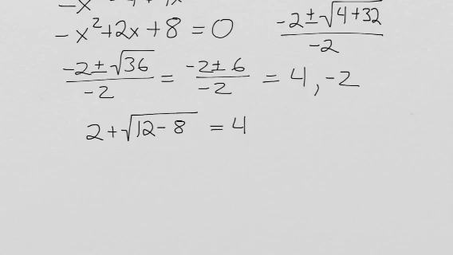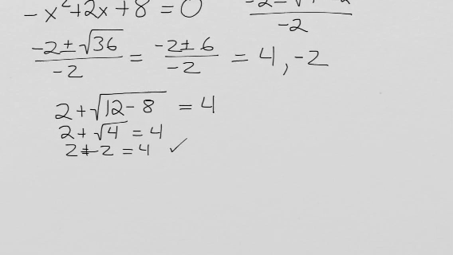So we have 2 plus the square root of 4 is equal to 4, and the square root of 4 is equal to 2, plus 2 is equal to 4, so we end up with 4 is equal to 4. So that's a good valid answer.